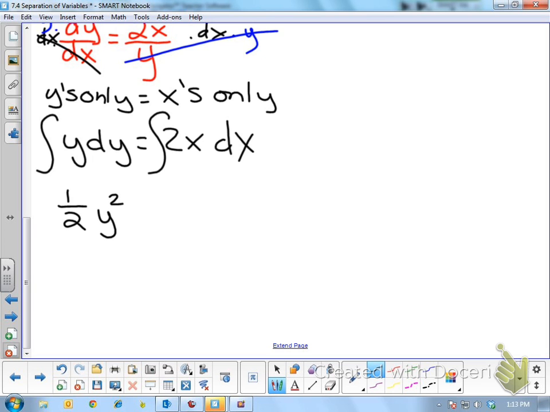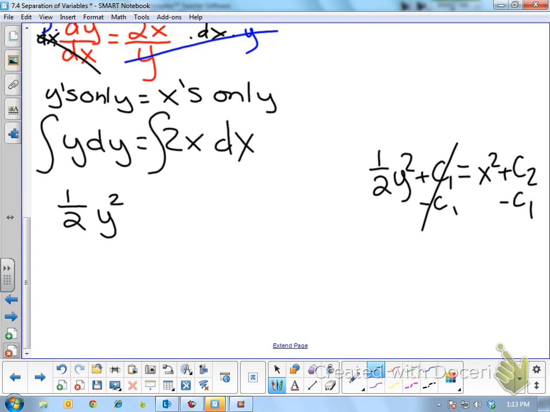Now, we could write plus c, and we should at some point, but I'm going to write some work to the side just so you can see what would happen. If I add a constant on the left, and then I integrate my other side and add a constant on the right, and I combine my constants, what's a constant minus a constant? A constant.